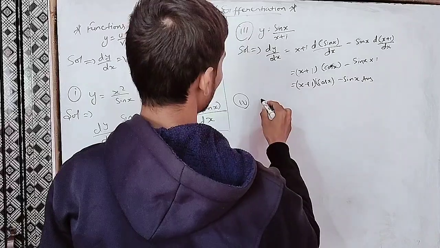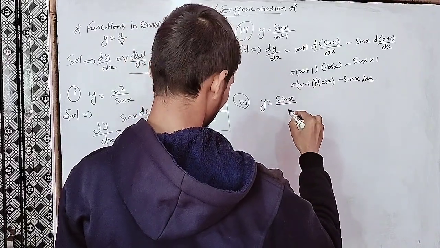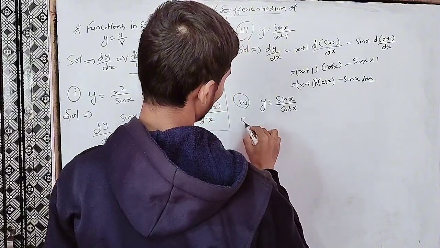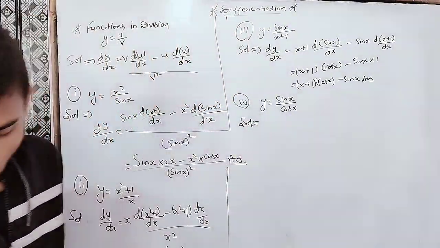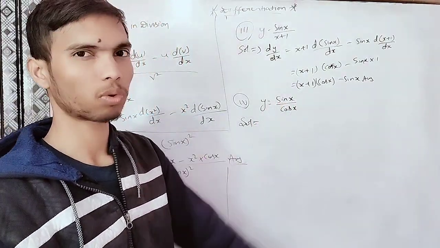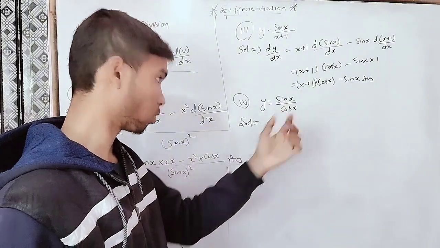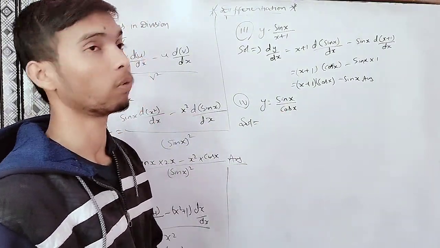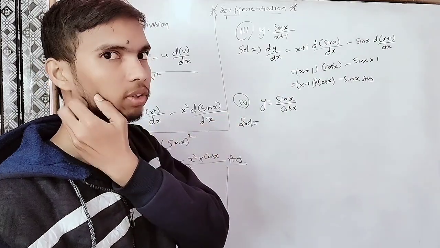Next. y is equal to sin x upon cos x. So u is equal to sin x, v is equal to cos x. We have two functions. First of all, we will put cos x as it. Then we would take the upward function to do differentiation.